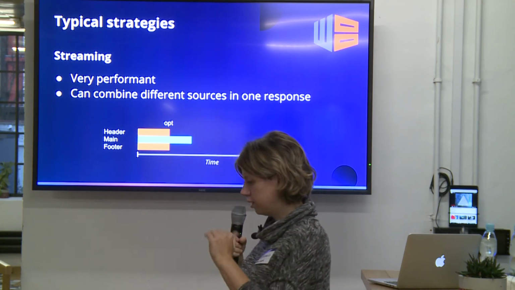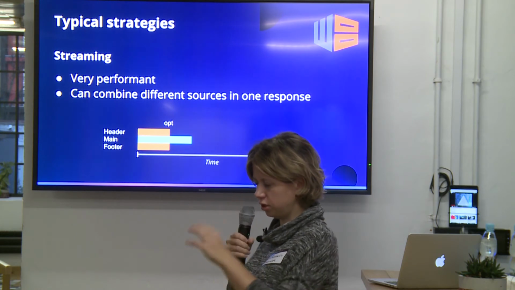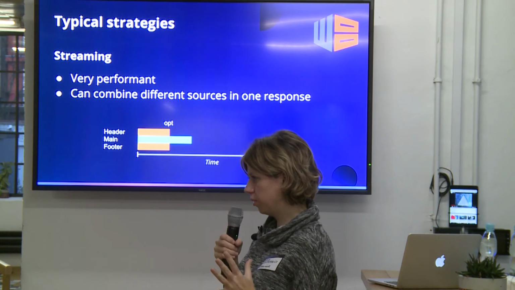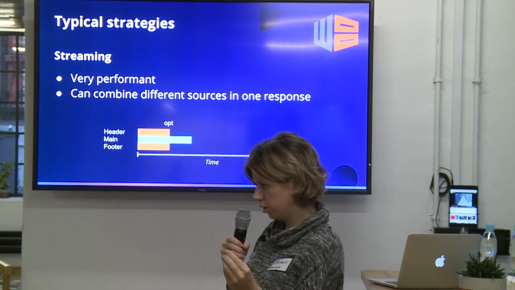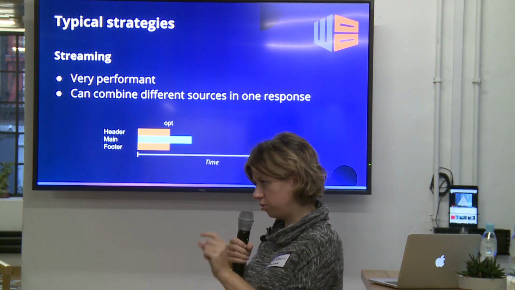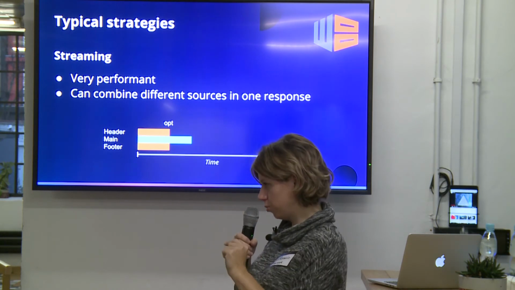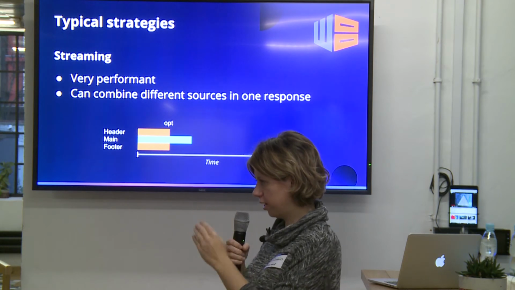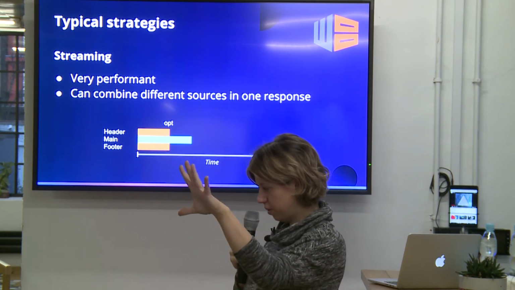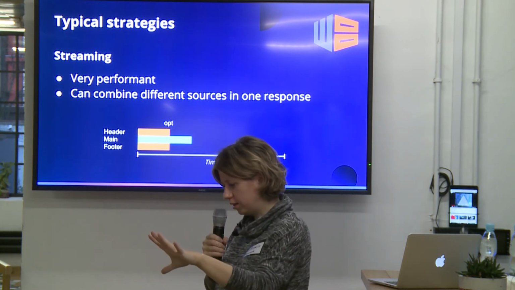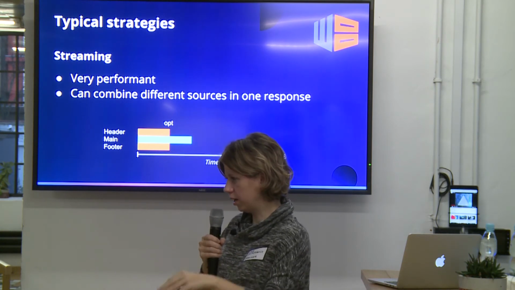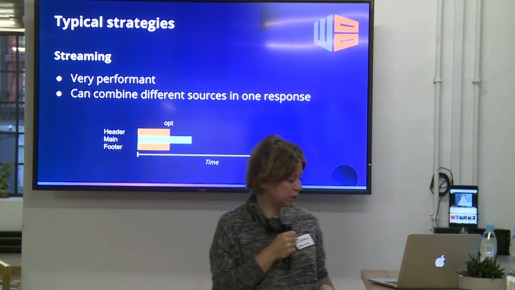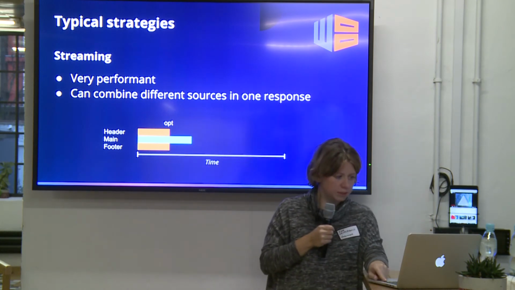For example, you can get the header, which rarely changes, from the cache, and then the main article, which is usually frequently updated, from the network. The header doesn't need to wait for the main to be sent to the page because it's streaming, right? So the header goes first, the page renders the header, then the content comes from the network a bit later, the page renders that, and then the footer is served again from the cache as a last bit.